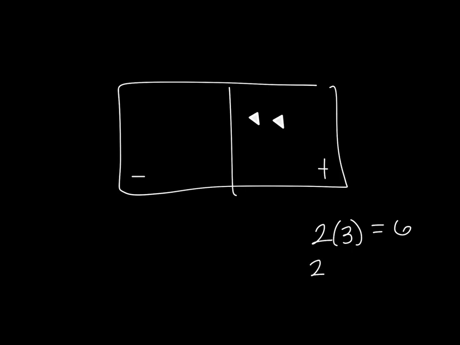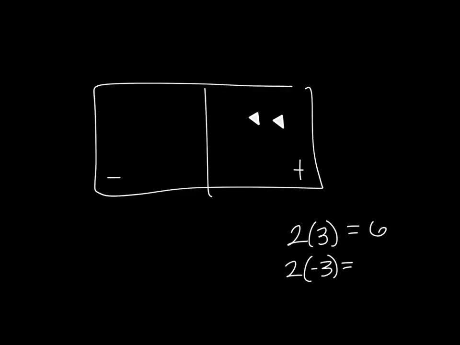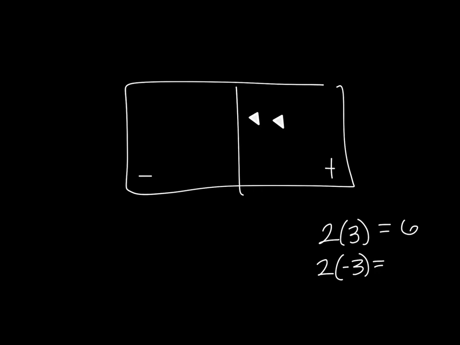And if I had 2 times negative 3, that means I have 2 groups of, do you remember elementary when we used to talk that way? 2 groups of negative 3. This is not going the way I wanted it to, you guys. There's one.